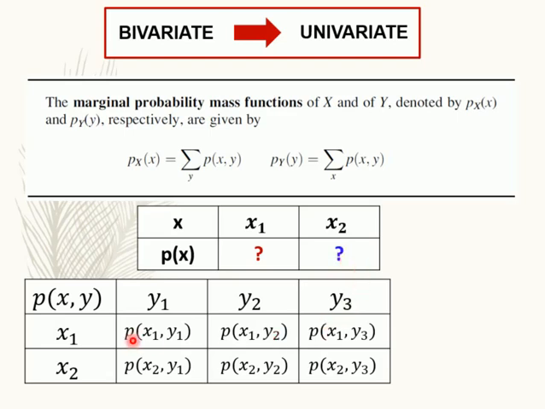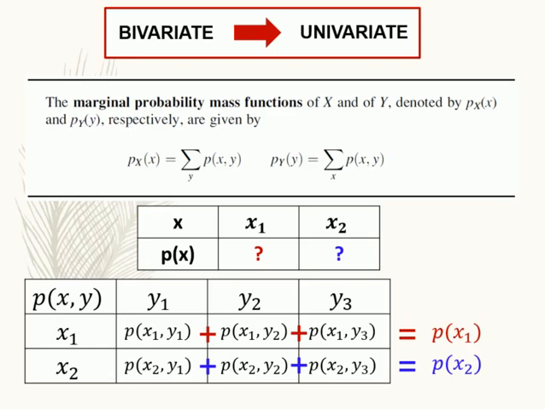In this table, your x1 runs across here, and we're ignoring whatever y is. So what we could do is just sum across everywhere where you have x equal to x1. According to the definition, the probability that x is equal to x1 is just the sum across this row. And similarly, the probability that x is equal to x2 is just the sum across the bottom row.